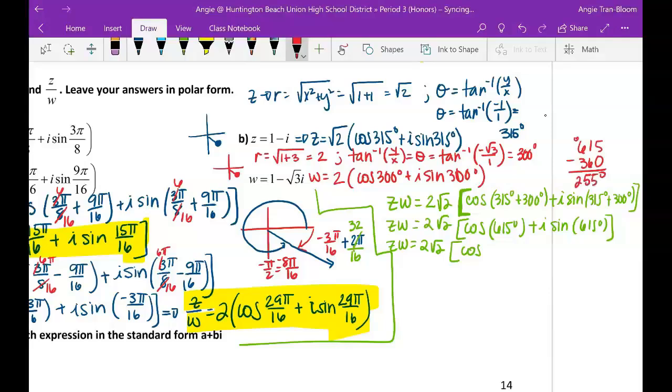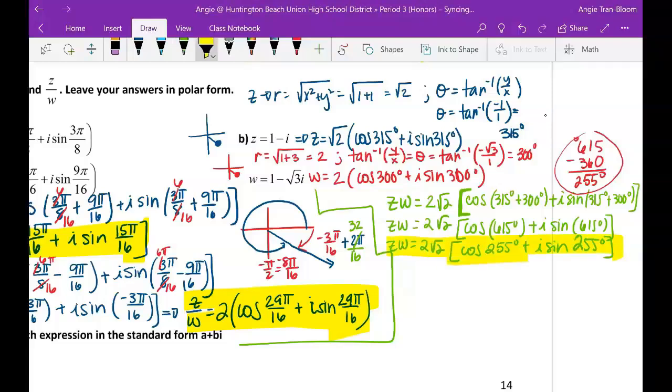Take away a revolution, it's the same location as 255 degrees. So that's what we would use instead of 615. And yes, you do have to bring it back to the first revolution. So 255 degrees here as well. So that is the answer if we were to multiply them.